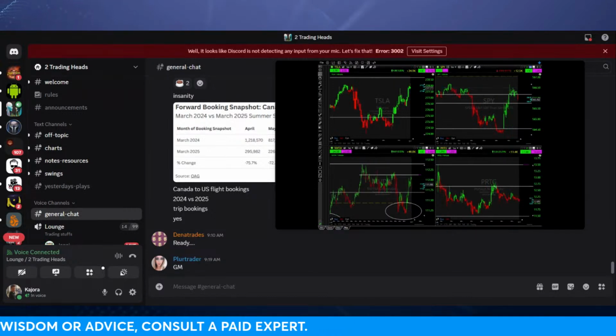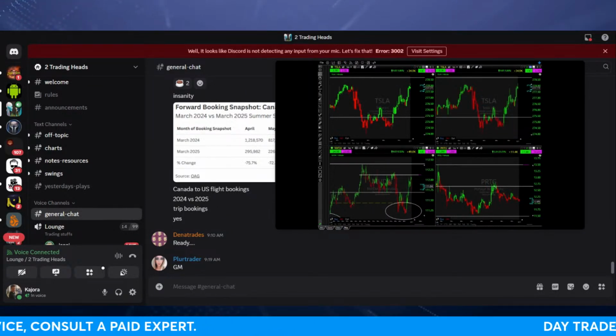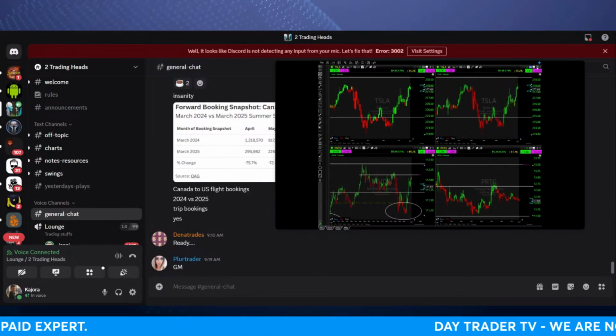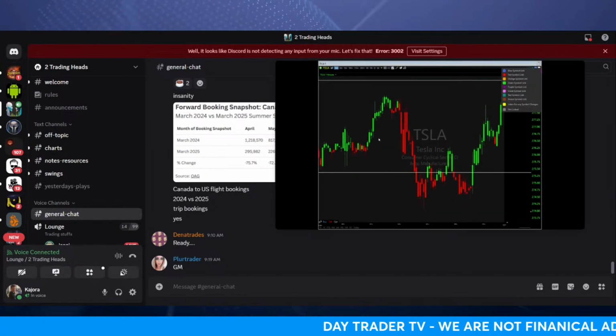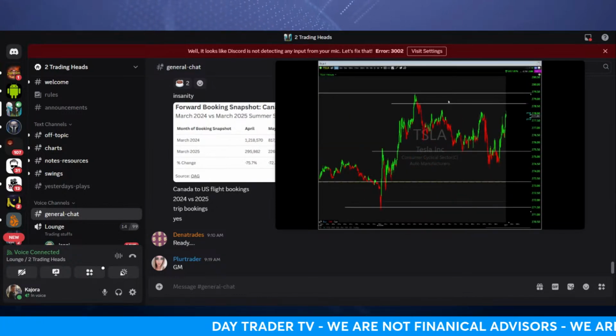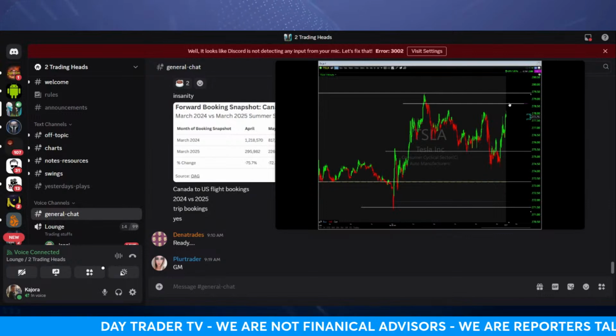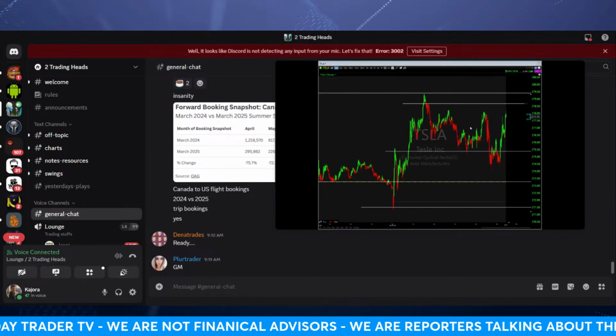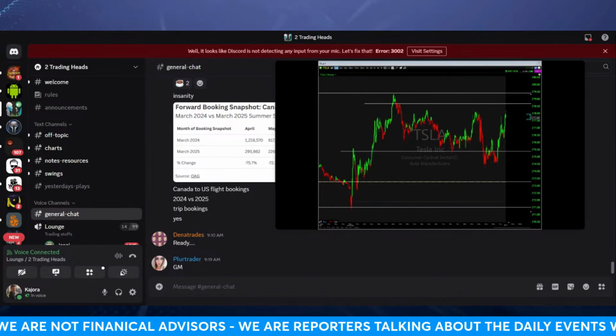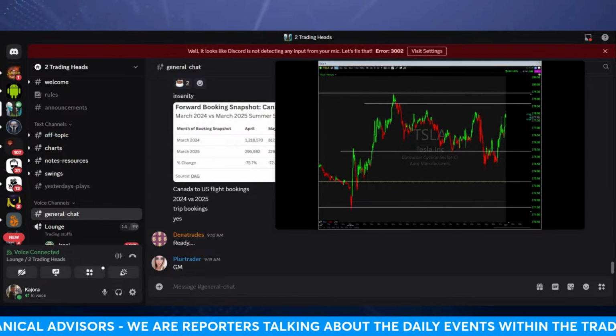Tesla is coming up to the first resistance here. Now, careful with Tesla because Tesla has two resistance areas just above. You want to break over both of them. Right now, we are still sitting on this channel before we can push it.